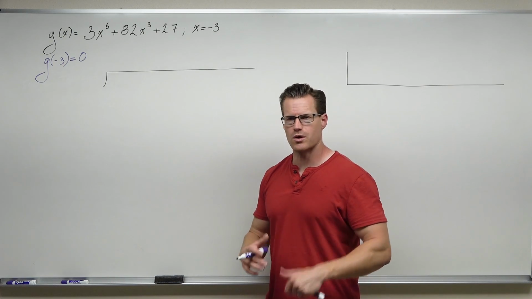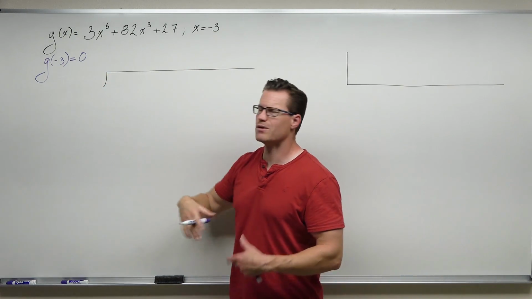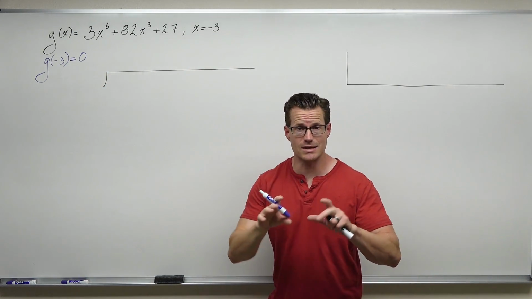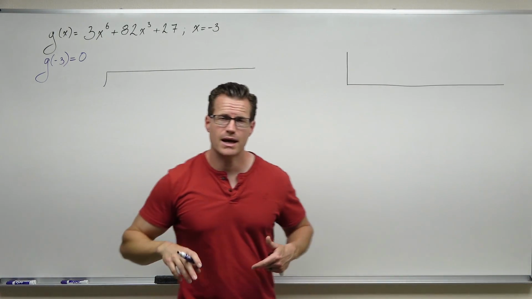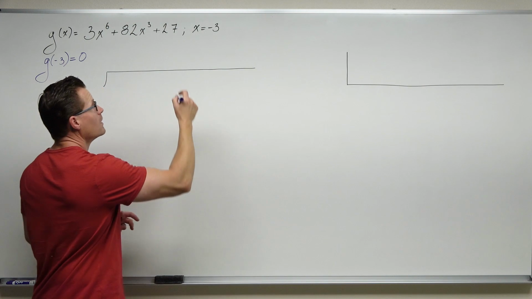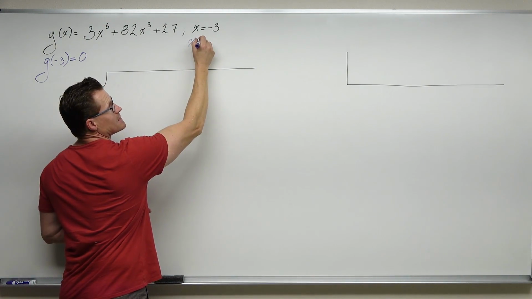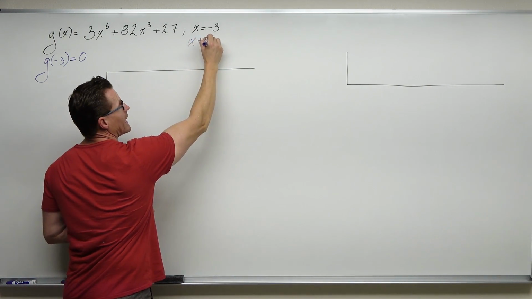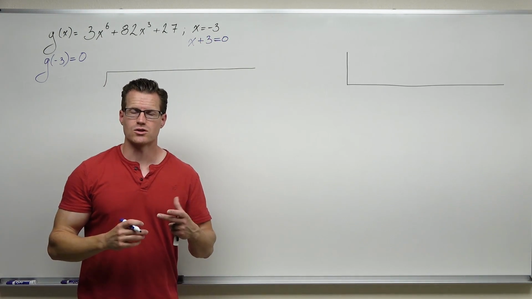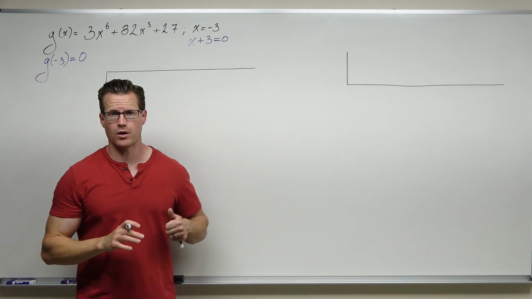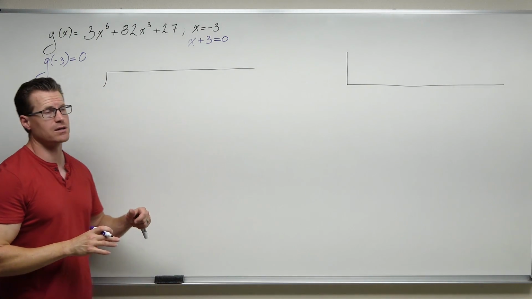And so here's our thought process. We plugged in -3, we evaluated that, it gave us 0. It says that's an x-intercept. We know that if we have an x-intercept, we did a few videos ago, that I can set x equal to -3 and get 0 by adding 3. And x plus 3 is a factor. It has to be a factor of that polynomial, and it has to give us a remainder of 0.